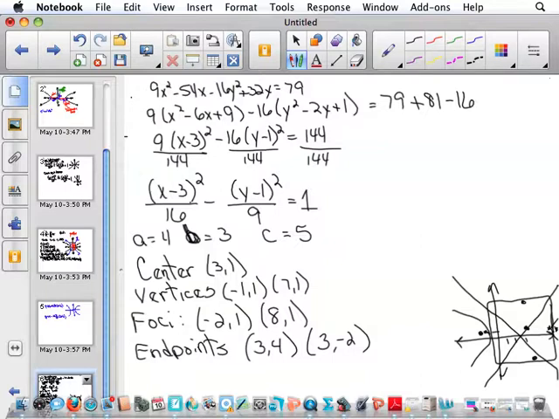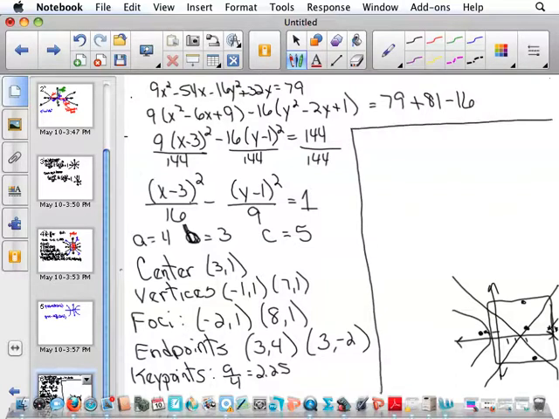Now my key points, again, let's see, I'll try to fit them in down here. Key points are b squared over a, so 9 over 4, which is 2.25. So to find my key points, I'm going to actually put them up here. I have to go to the foci. So here are my key points. Remember, they are above and below.